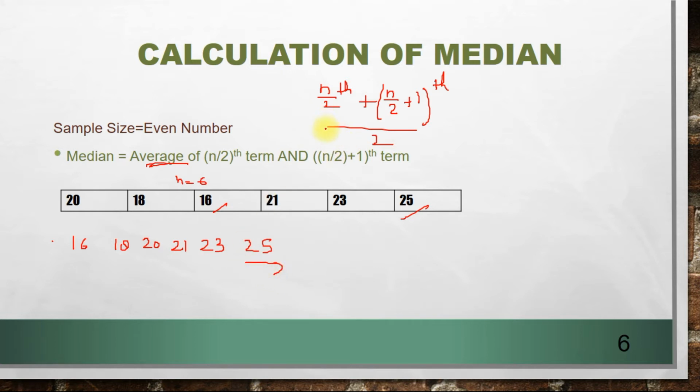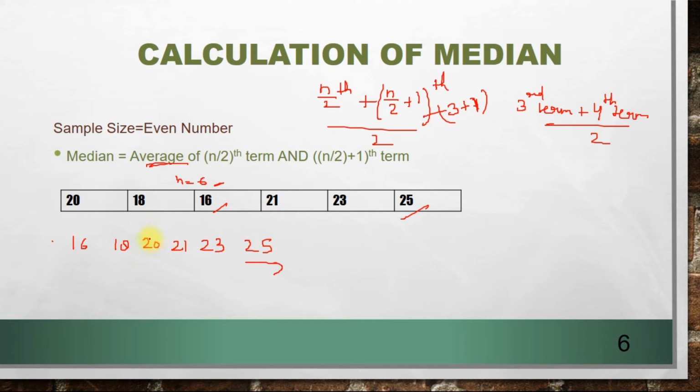Now n by 2 is what? Here n is equal to 6, so n by 2 is 6 by 2, which is the third term, plus the (n by 2 plus 1)th term. N by 2 is 3, so 3 plus 1 is 4. So the third term plus the fourth term, divided by 2, will be the median.